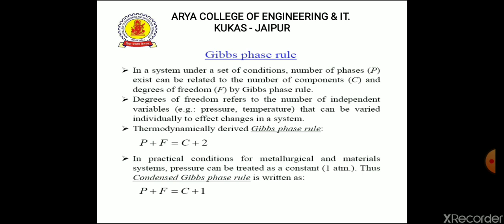The thermodynamically derived Gibbs phase rule is P plus F equals C plus 2. In practical conditions for metallurgical and material systems, pressure can be treated as a constant. Thus the condensed Gibbs phase rule is written as P plus F equals C plus 1.